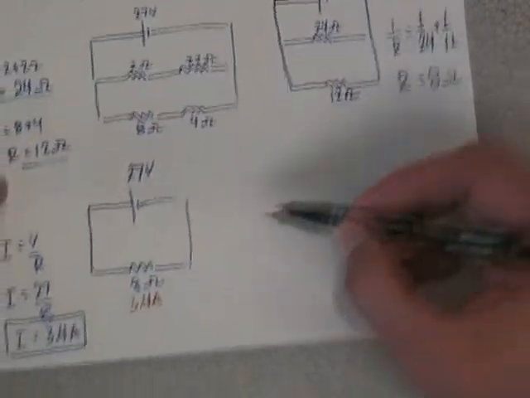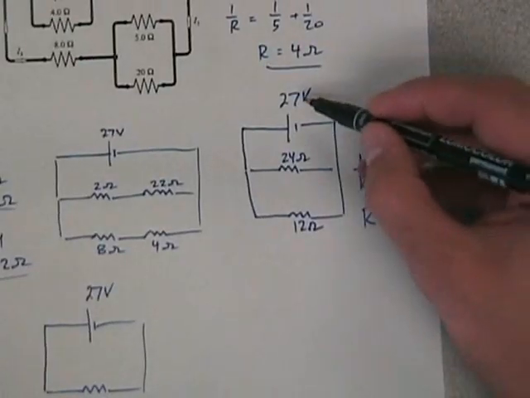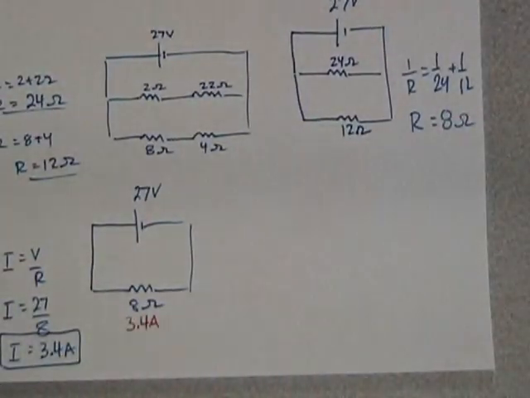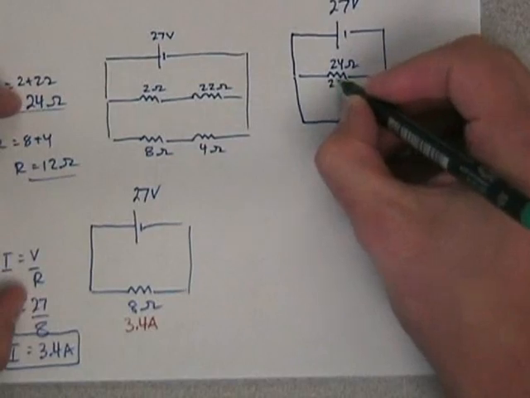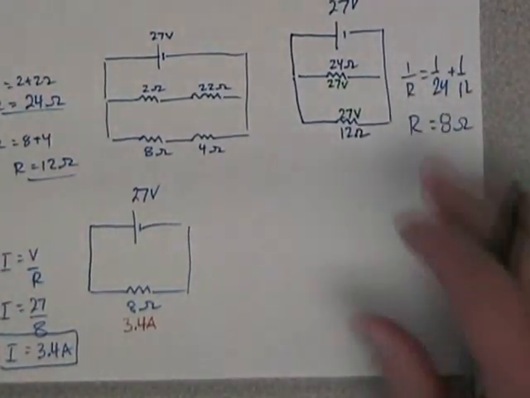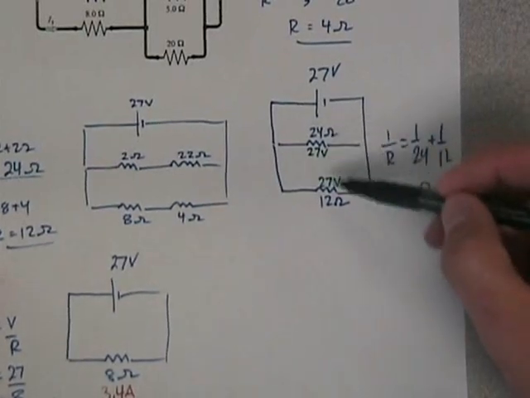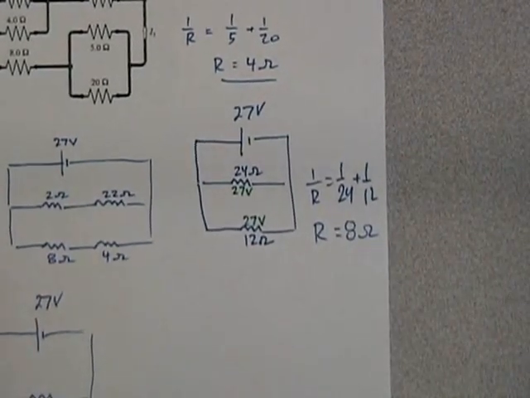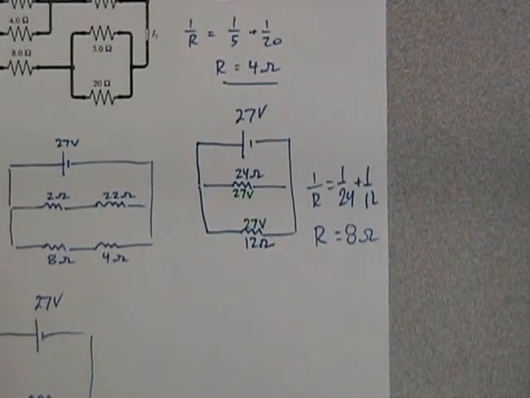I'm going to back up to here, and I know right away there's nothing I can do about this one because it splits off into parallel right here. I know this is 27 volts, so I will be able to find, because these are in parallel, that's 27 volts, that's 27 volts. I can figure out what my current is in those two by going I equals V over R. So that's going to be 27 divided by 24.